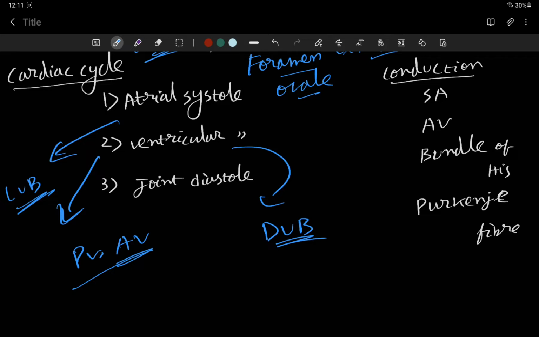From that time, the atria are in diastolic phase. And whenever the ventricle completes its systole, it will also go to diastolic phase. Now, just after the ventricular systole, both atria and ventricles are in diastolic phase. And that's why this phase is also called the joint diastolic phase.